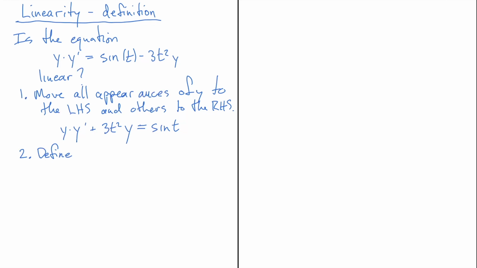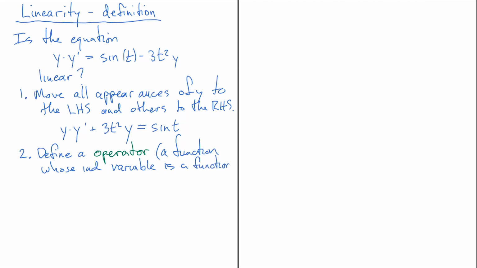In this case, define an operator, a function whose independent variable is a function itself. And in fact, the output of this operator or function is going to be a function as well.